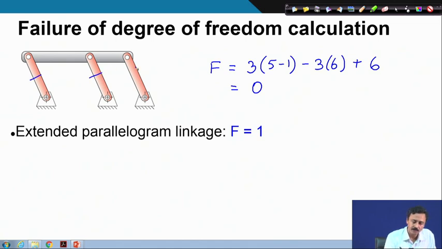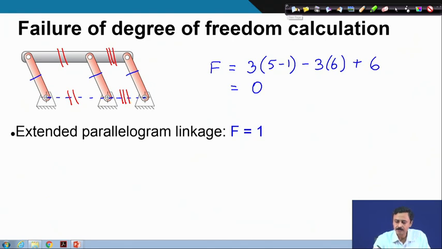This length is equal to this length is equal to this length, this length is equal to this length, and this length is equal to this length. Therefore, there are 2 coupled parallelograms in this.